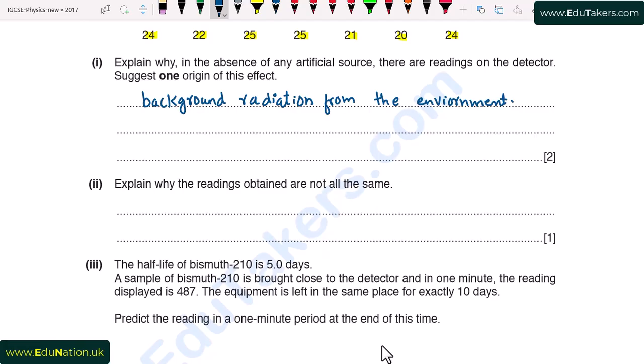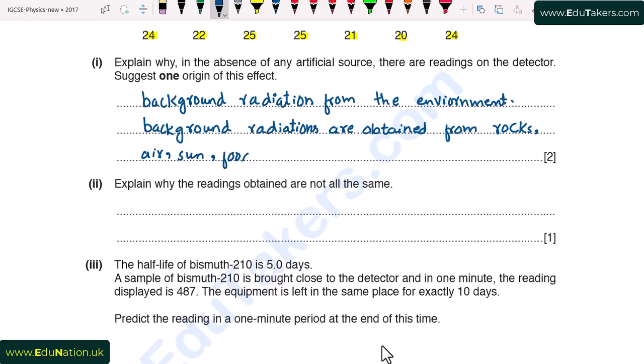And these background radiations are actually obtained from rocks, ground, sun, air and radon, argon, etc. So the background radiations are obtained from rocks, air, sun, food, etc.